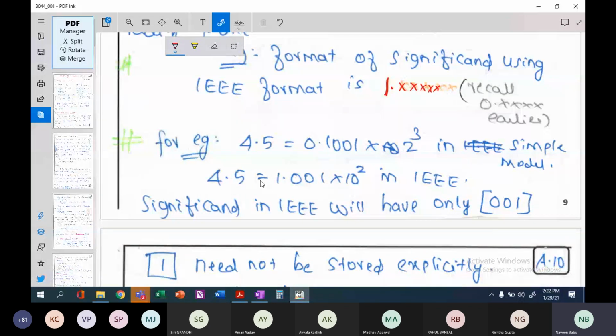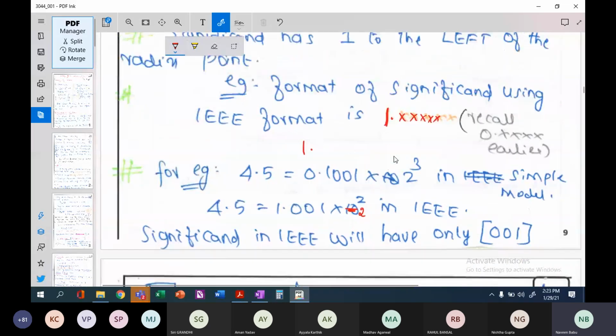Whereas in the IEEE model, any number will be represented as 1 dot and then the number. So it is 1.001 into 2 power 2. Here, the exponent value is going to be 0, 1, 0, and the significand value will be 0, 0, 1.